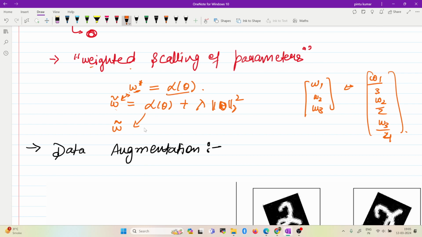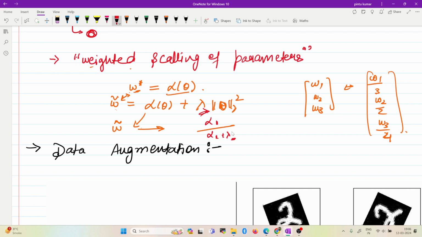What kind of weights does it obtain? That is discussed in the lecture, where you have weights like alpha 1 by alpha 1 plus lambda. I'll just change the notation. This lambda and this lambda are the same, right?